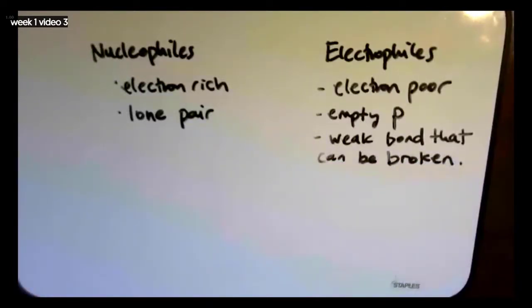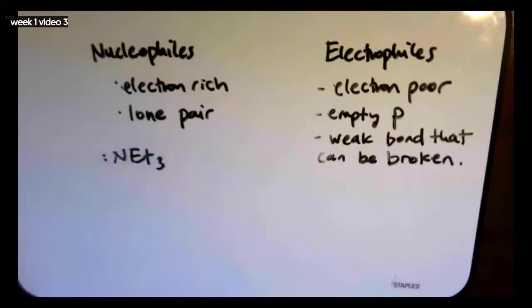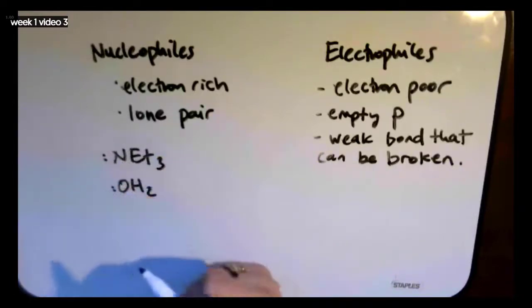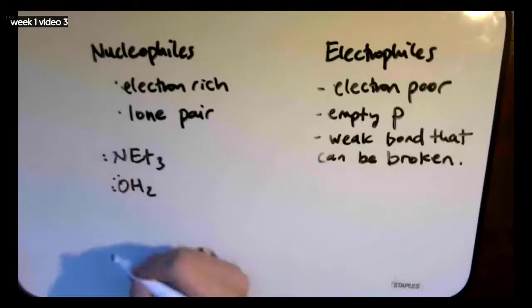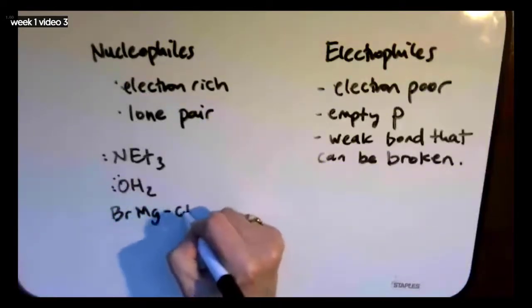So some classic examples of nucleophiles and electrophiles, right? The nucleophiles are electron rich, so things like amines, where you have a lone pair on nitrogen that's available, or even alcohols or water would be good nucleophiles. Even better, something like a Grignard reagent, right?